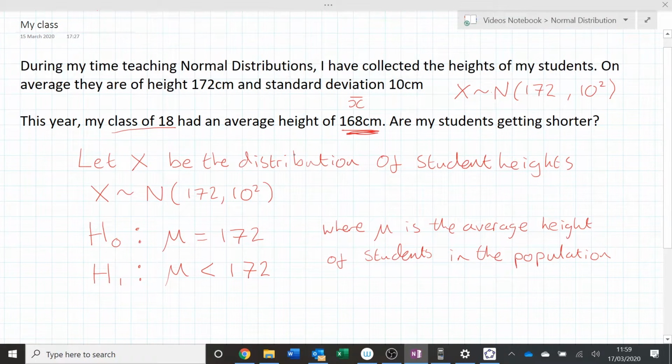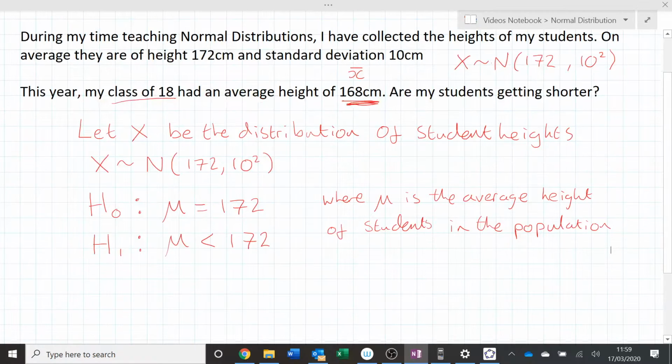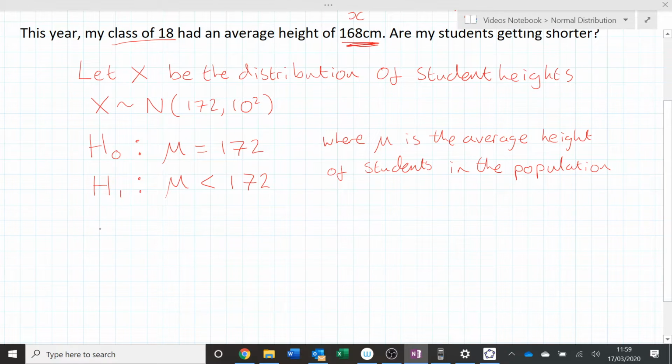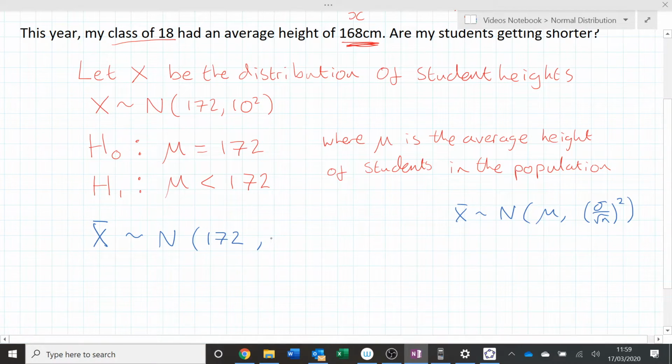So I'm going to change color to make this clear. We're going to start looking at the normal distribution of sample means. So X bar, the normal distribution of sample means, has the same mean, but it has sigma, just a quick reminder, it is mu, and then sigma over root n is the standard deviation.